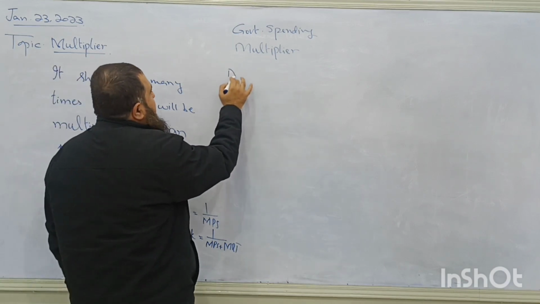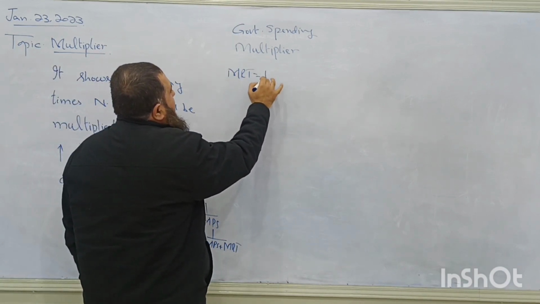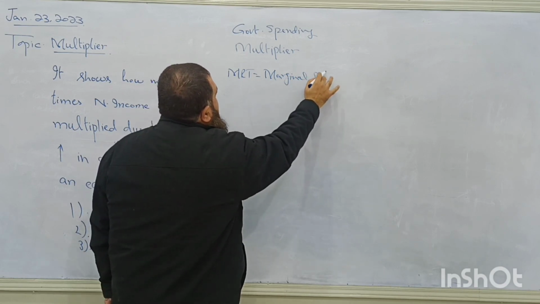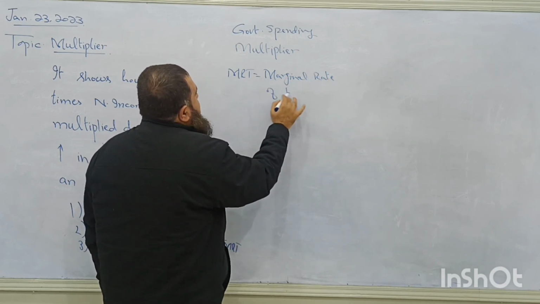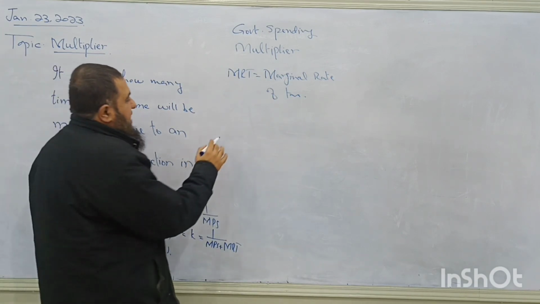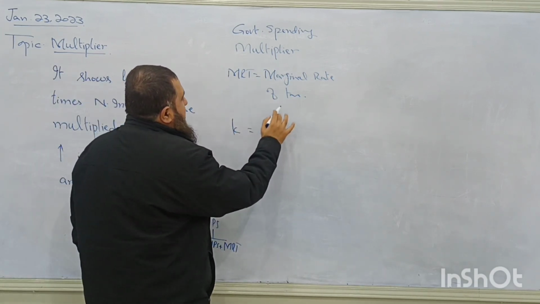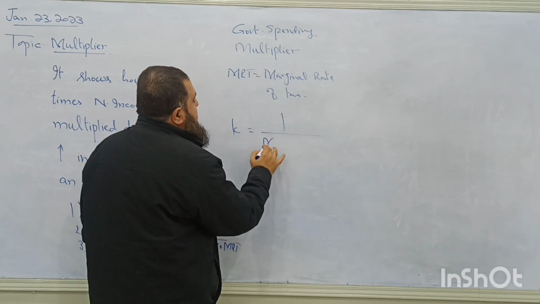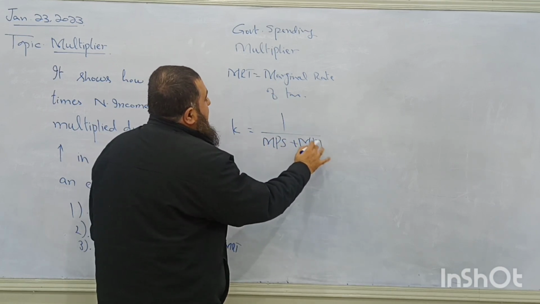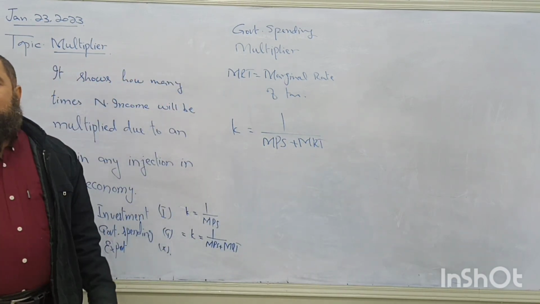MRT means marginal rate of tax. Marginal rate of tax. Clear? Now I see the multiplier value is like this: marginal propensity to save plus marginal rate of tax.